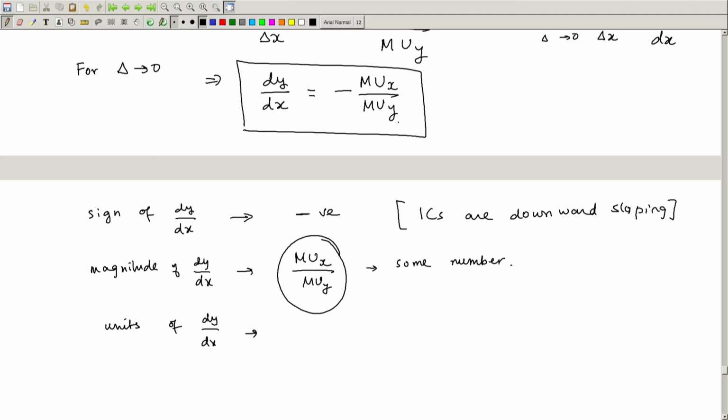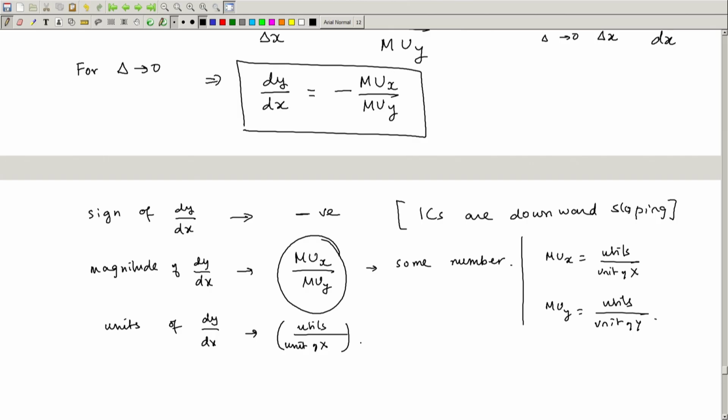Well, notice it is minus MUx by MUy. What is MUx? MUx, recall, is utils per unit of x, and MUy is utils per unit of y. So, MUx upon MUy is essentially utils per unit of x divided by utils per unit of y.